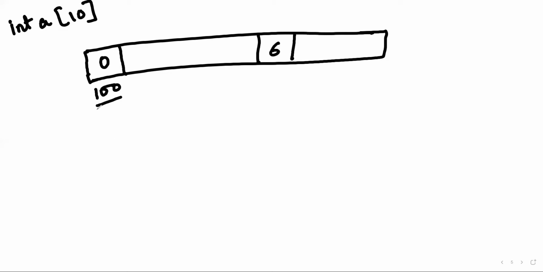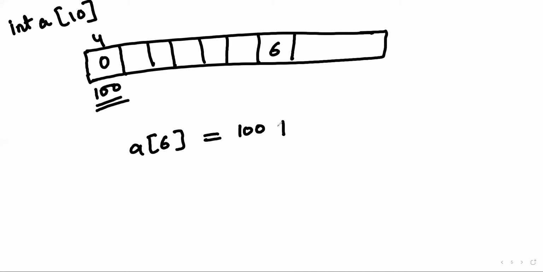Because what the compiler actually does is, since every block is of size 4 bytes because it is storing integers, all it has to do is take the address of the base index, which is 100, and then add the index times the size of the memory taken by every element. That would be 4 bytes.